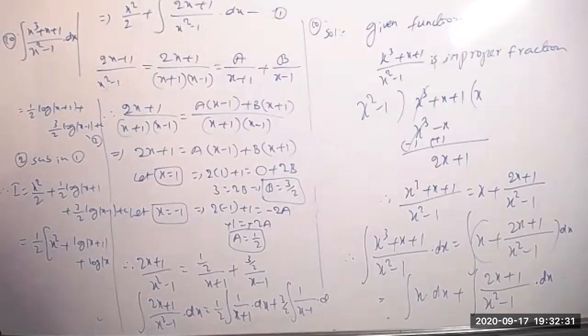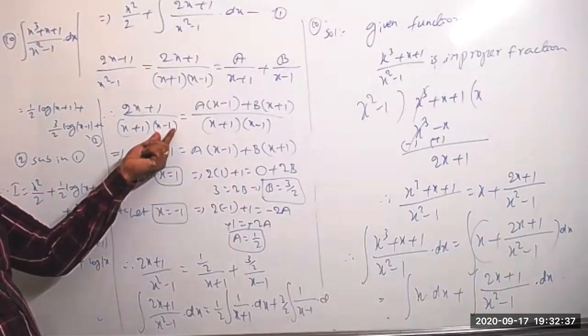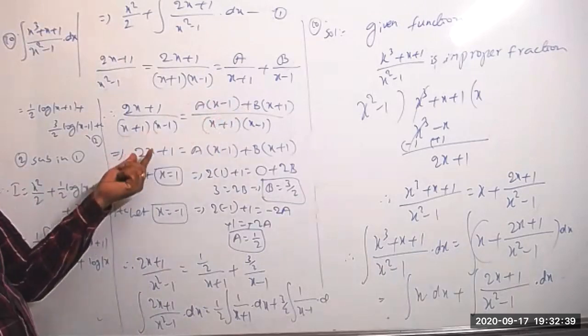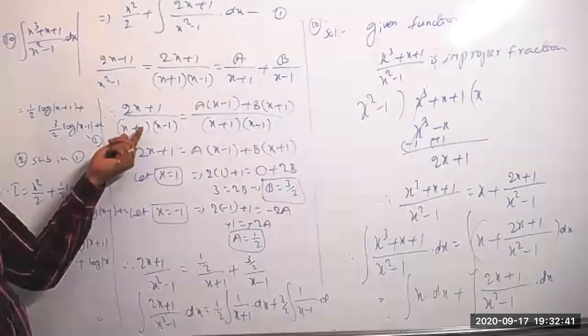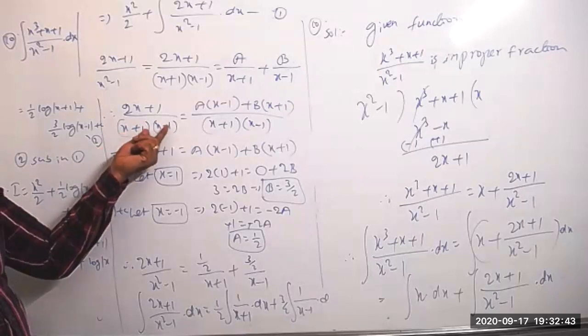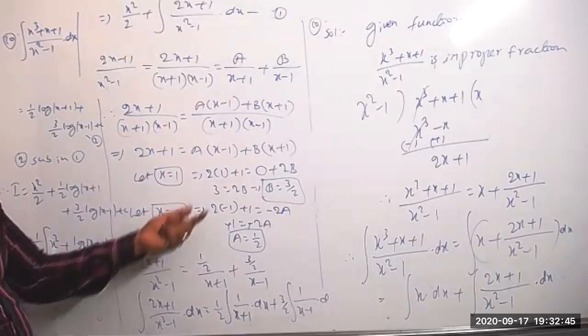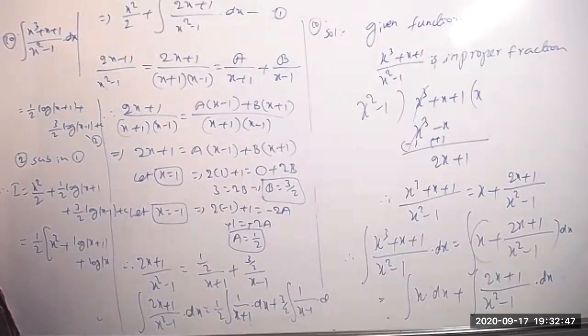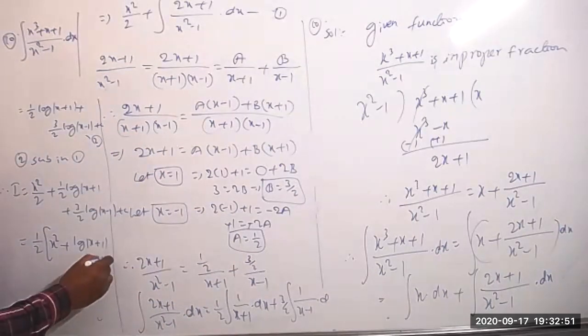But whatever we take, we get the same answer at last. Generally we always take the positive factor first and the negative factor second. That's what I'm taking. But maybe at last it is the same answer. Yes, sir, I'll check. You'll get the same answer at last.